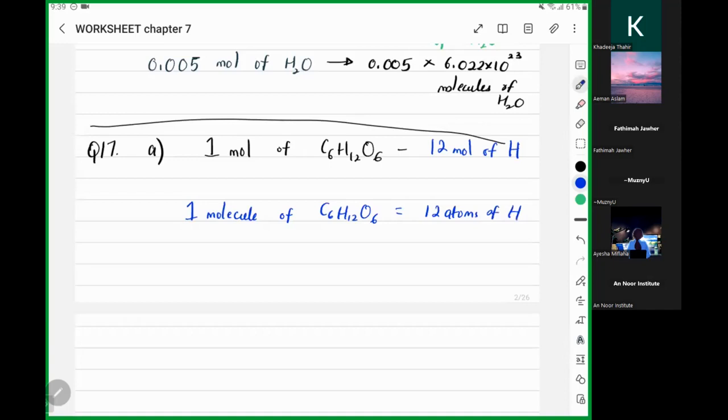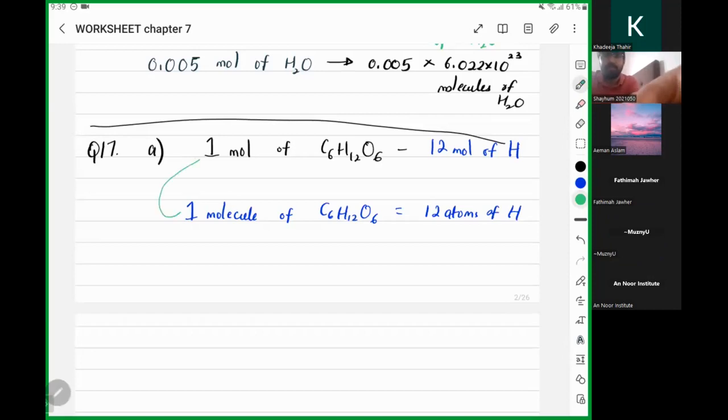Do you agree? Yes or no? Yes. So if I want to convert a molecule to mole, that means there's 6.022 of this. So I will multiply this also by 6.022. So in other words, there's 12 mole. Isn't it? Yes. So therefore, 1 mole of C6H12O6 has 12 mole of hydrogen.